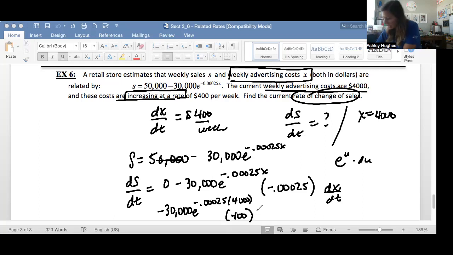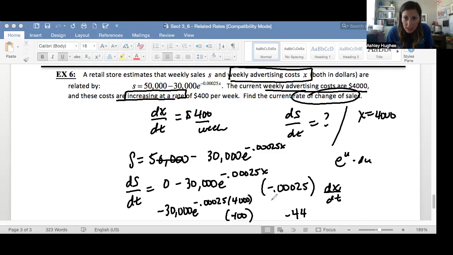Let me see if I can grab my calculator really quickly and plug that in for y'all. Negative 30,000 times e to the negative 0.00025 times 4,000 times 400. Okay, so I got negative... hold on.